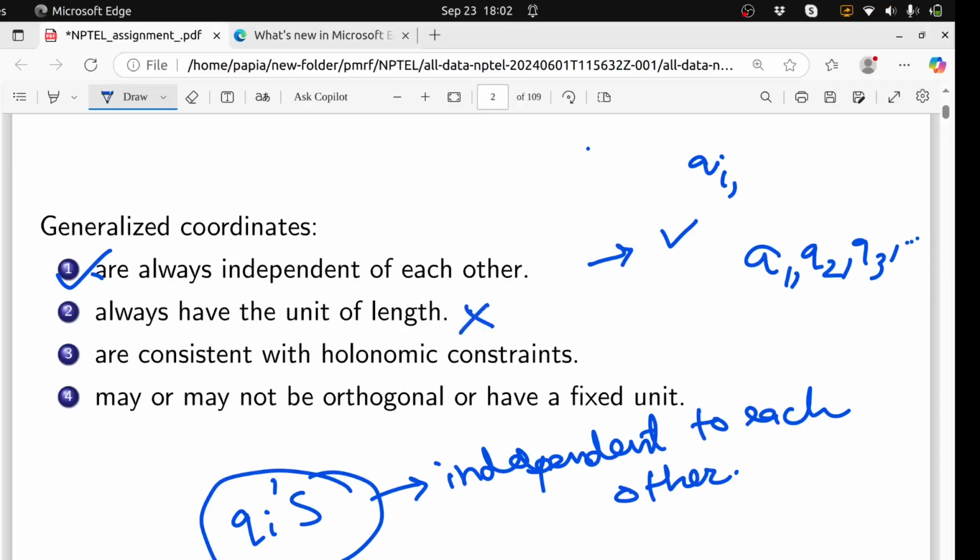So this is not correct. Are consistent with holonomic constraints? Yes, that is correct. May or may not be orthogonal or have a fixed unit? Yes, that is also correct.